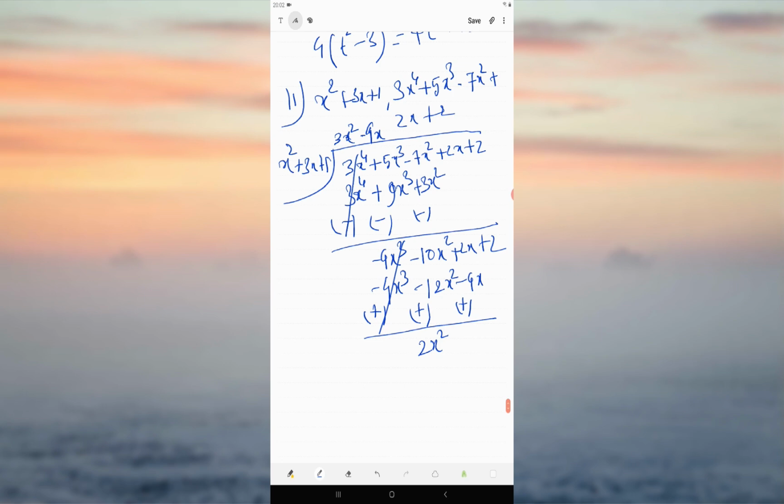And then plus 2x plus 4x is plus 6x. And plus 2 will come as it is. So you will get 2x² plus 6x plus 2, minus minus minus. Cut, cut, cut. You got 0.